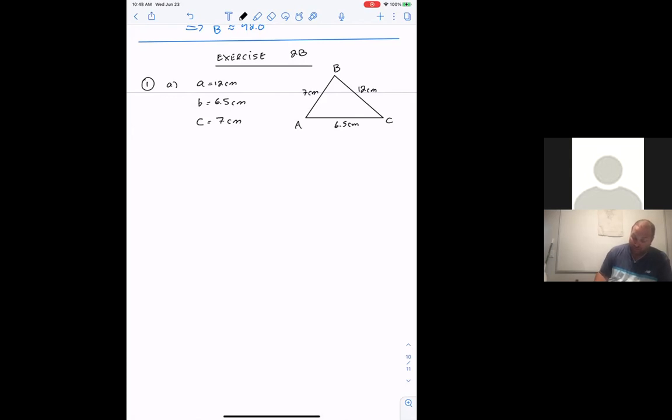Let's solve for angle A, the one that's opposite the longest side, because then I know that every subsequent angle must be smaller. So 12 squared equals 7 squared plus 6.5 squared minus 2 times 7 times 6.5 times cosine of A hat.